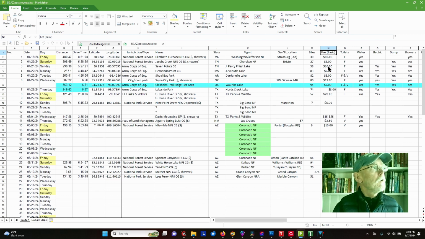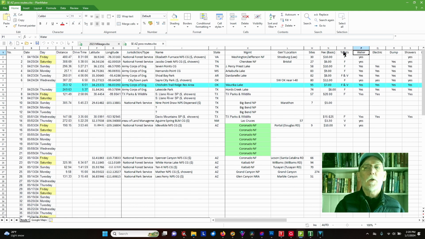The fees are probably the biggest source of problems with my spreadsheets, because they change quite frequently, and there have been a lot of fee increases over the last few years, and it's a huge job to try to update those fees. So these are just a rough idea of what it's likely to cost us. If we need to know for a particular campground during this planning process, we look up to see what today's rates are, and usually I will update my spreadsheets once I find that out.